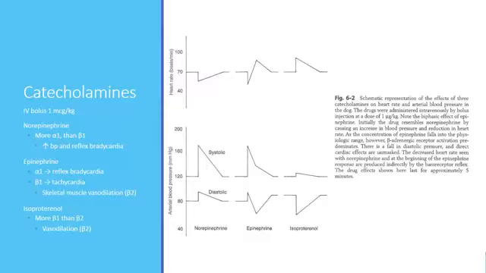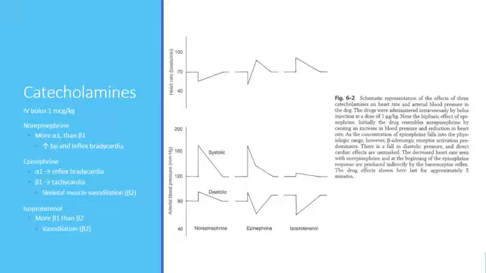And so here we can see what they've done. This is research where they basically gave a 1 mic per kilo bolus to dogs, and they measured the heart rate and the change in arterial blood pressure over time. They administered norepinephrine and then epinephrine and isoproterenol to these dogs and measured accordingly.